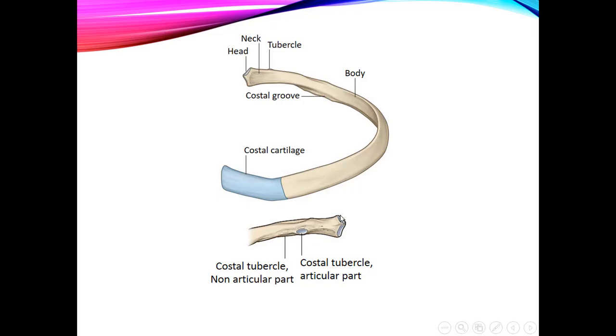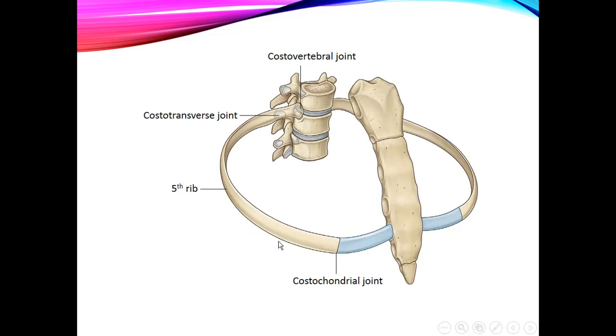And as you see, the costal head has 2 articular surfaces separated by a crest. So remember that the costal head articulates with 2 vertebrae. Each typical rib posteriorly articulates with the corresponding vertebra and the vertebra above.